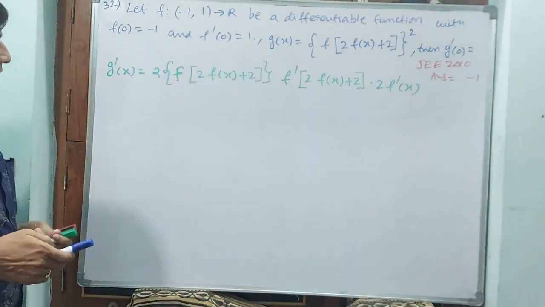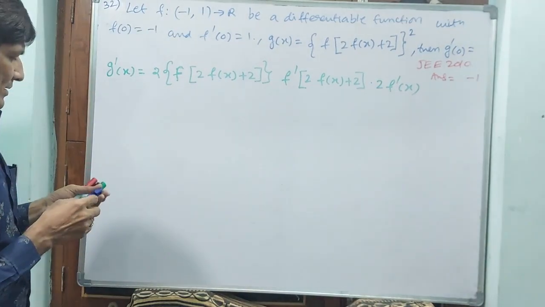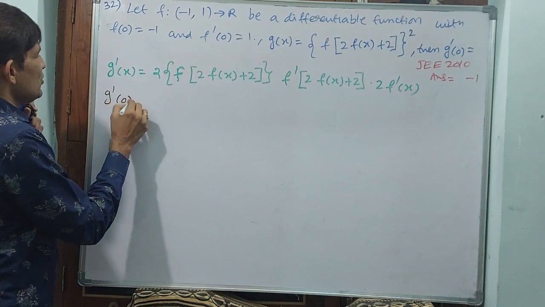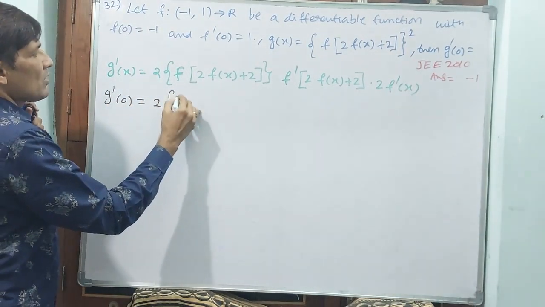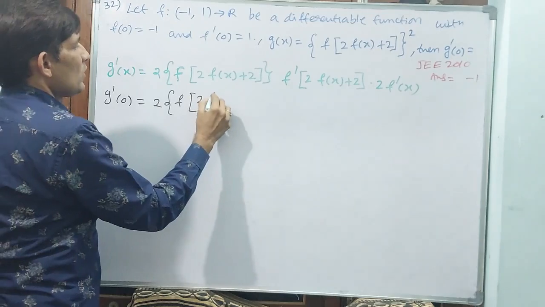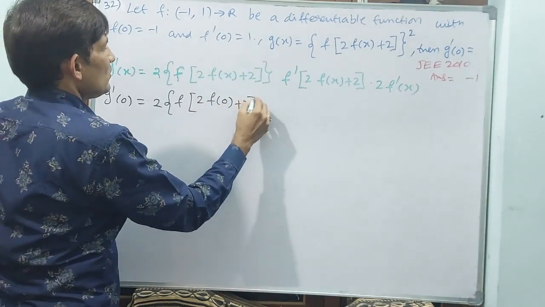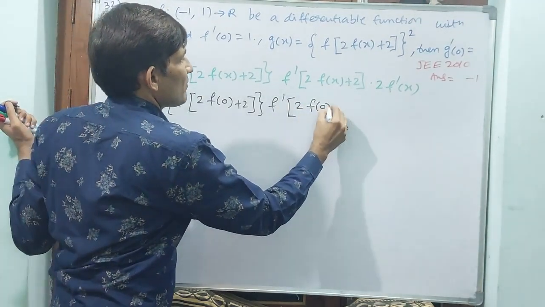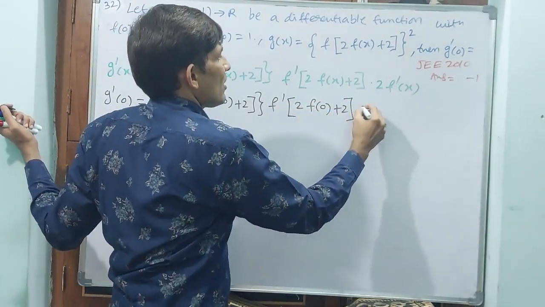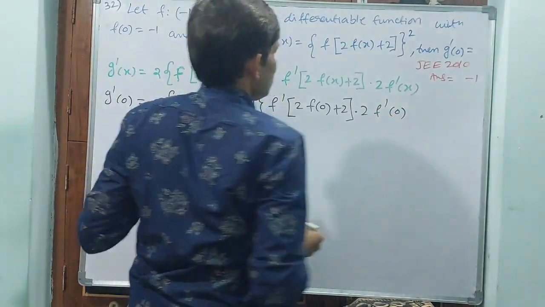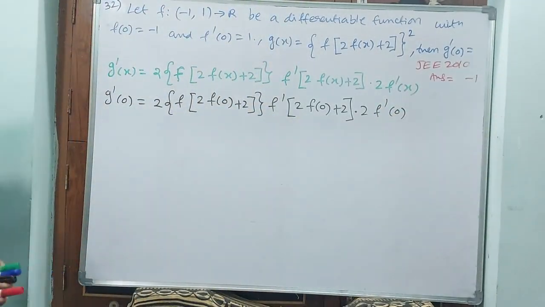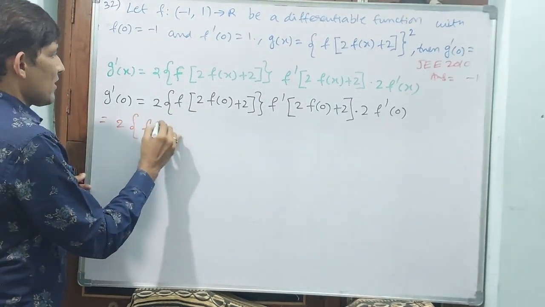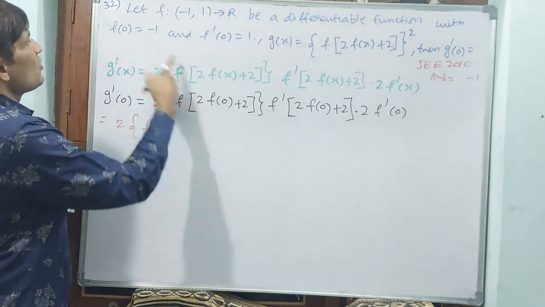Now g dash 0, you write. g dash 0 they are asking. g dash 0 is equal to 2 times f of 2 f of 0 plus 2, f dash of 2 f of 0 plus 2, dot 2 f dash 0. Understand? Okay? That is equal to 2 times f of, f of 0 value they have given is minus 1.